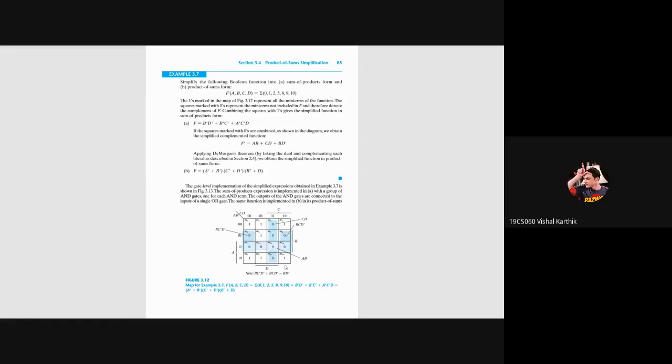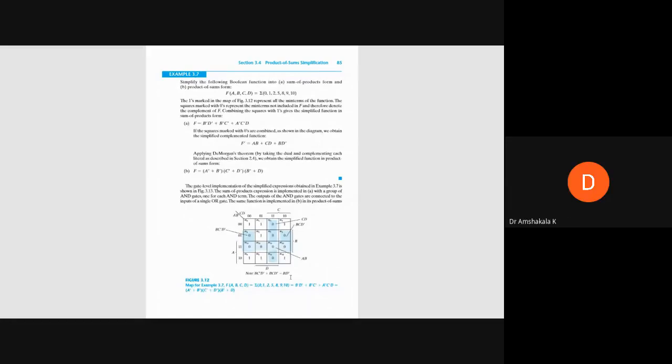Roll number 60. Okay, Vishal, product of sum simplification is clear, or should I explain that also again? Marking these cells with ones and zeros is clear to you, Vishal? Yes, ma'am.